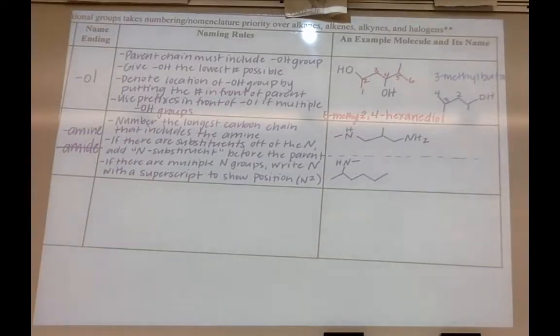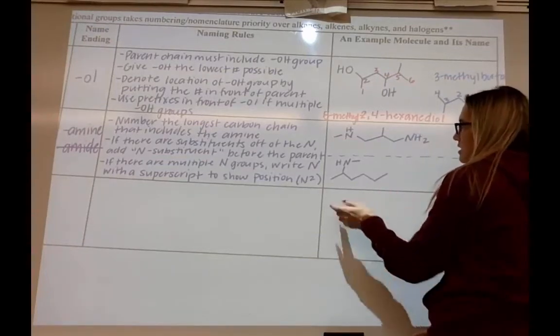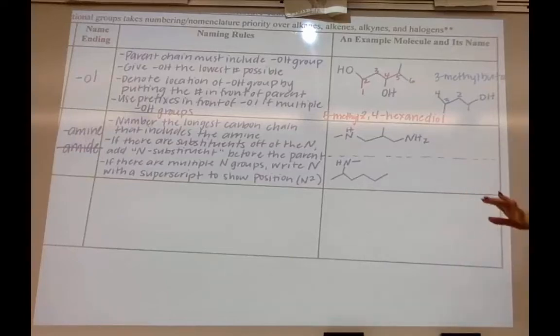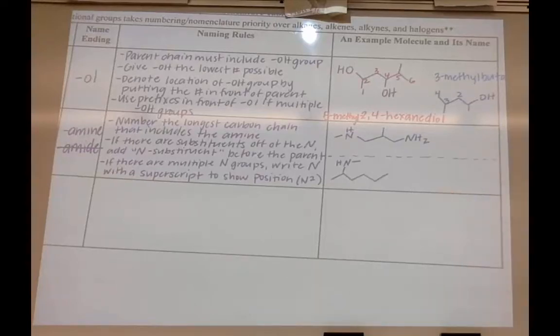So we have 2 example molecules here. We're going to follow these naming rules to actually name both of these. I wanted to show both because I gave you one that has 2 amine groups. So what would it look like if we had to name something with 2 amine groups versus just 1? If we look at this top example molecule, we're looking at numbering.